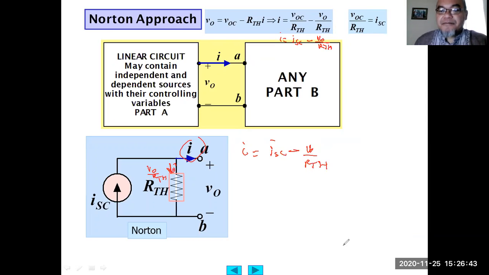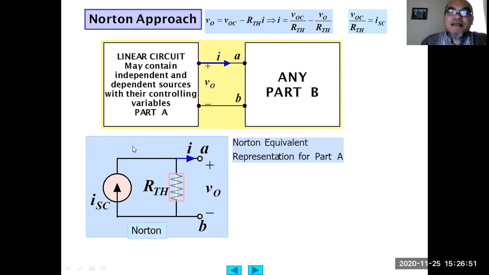Okay, remember? Okay, then let's continue. This is basically the Norton equivalent representation for part A. So the Norton equivalent resistance is basically the same as the Thevenin equivalent resistance.